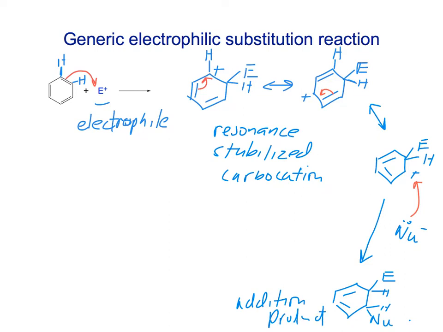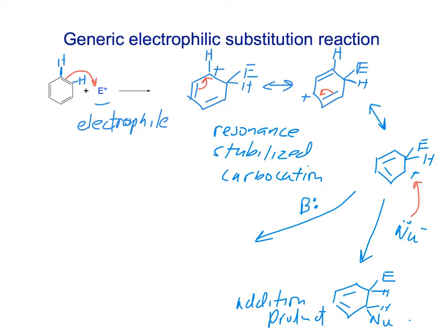Okay, so now let's look at what's going to happen if we actually do the substitution. So in this case, I'm going to draw it not as a nucleophile, but as a base. Right? We know that nucleophiles and bases can do the same kinds of things. They're both using a pair of electrons to donate electrons.